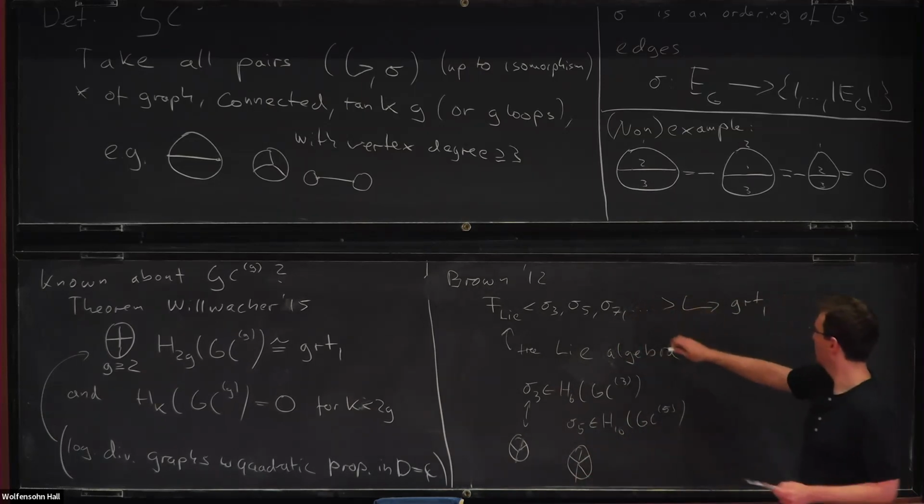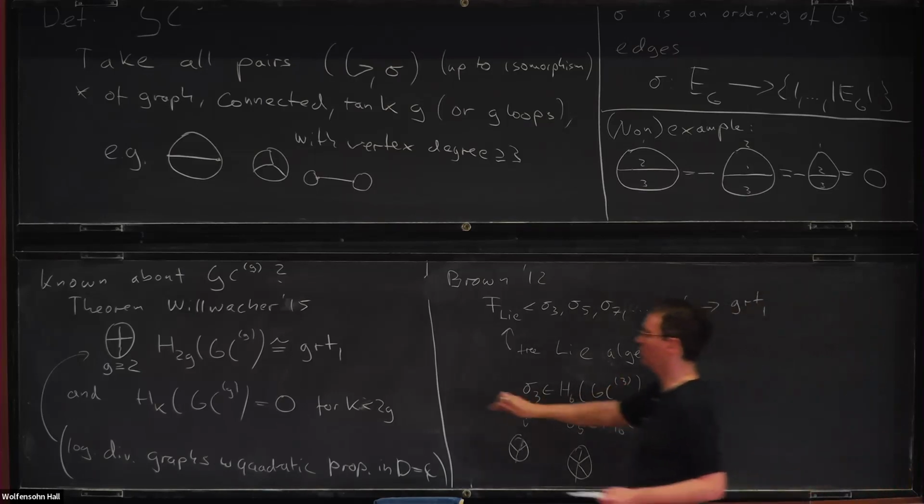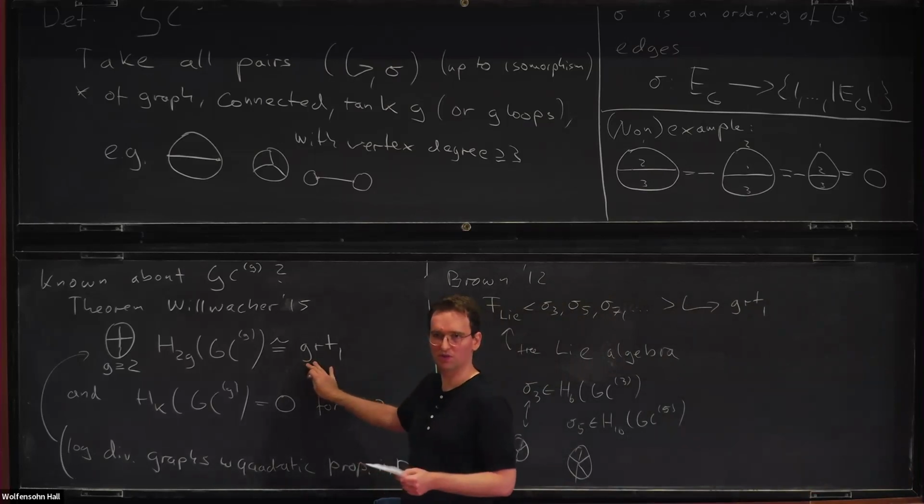And an interesting thing here is that this gives rise to an exponentially growing family of classes. So the number of generators in this free Lie algebra grows exponentially.